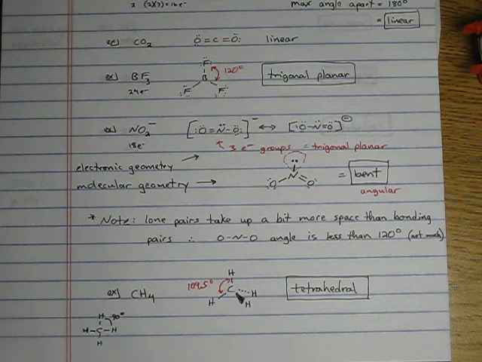It turns out in three-dimensional space, the best way to get four groups that are repelling each other maximum angle apart is a tetrahedral arrangement, which has a 109.5 degree angle. On a flat piece of paper, it's a little difficult to draw a tetrahedron, so we've decided to do it this way.